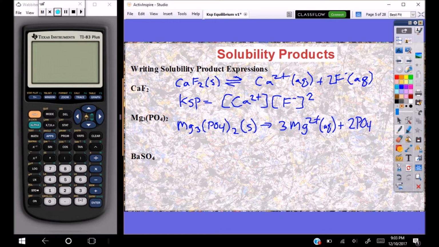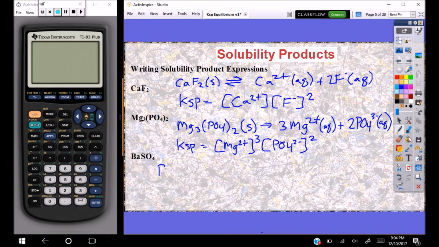It's a good time to review those polyatomic charges. They're going to be super useful for the rest of this unit. So then our Ksp is going to be Mg2+ cubed times phosphate ion 3- squared.